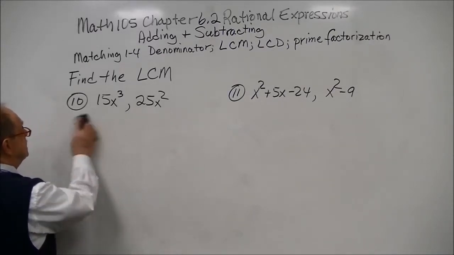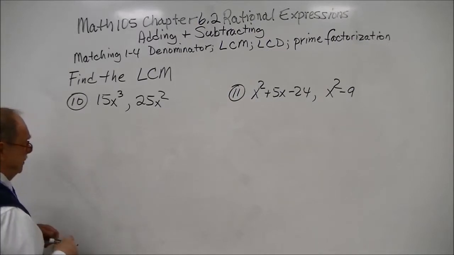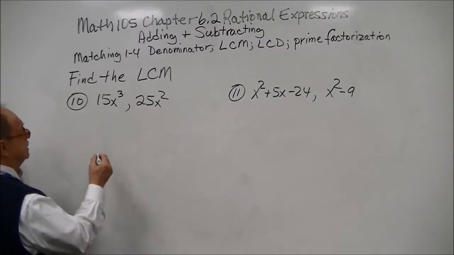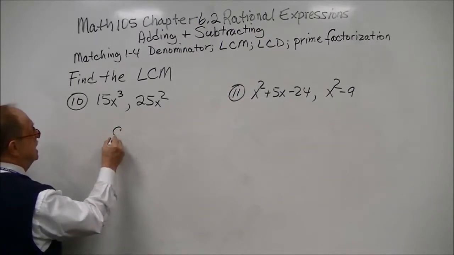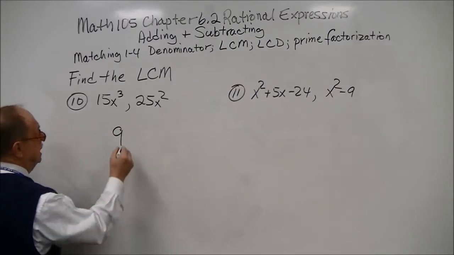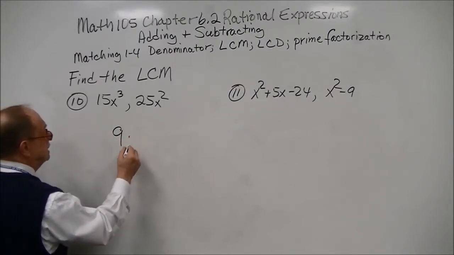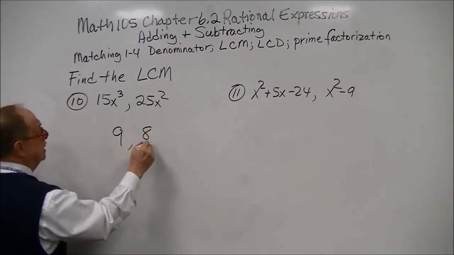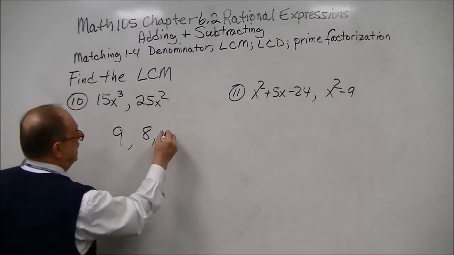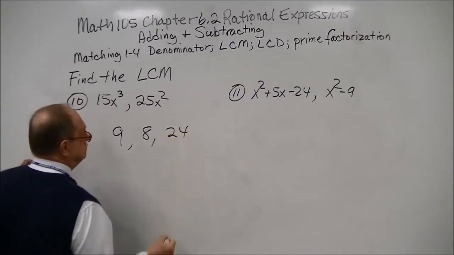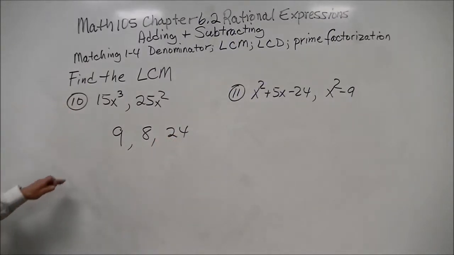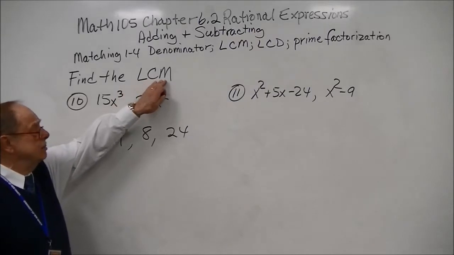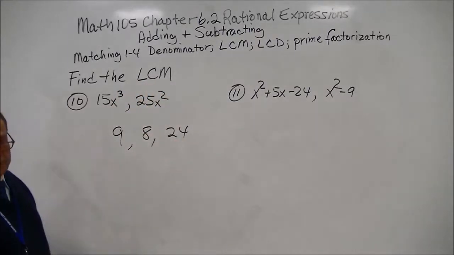Now, because this is something you may not have had for a while, let's look at these numbers now. We have a 9, we have an 8, let's say, and we have a 24. And we want to figure out the least common multiple of these three numbers.